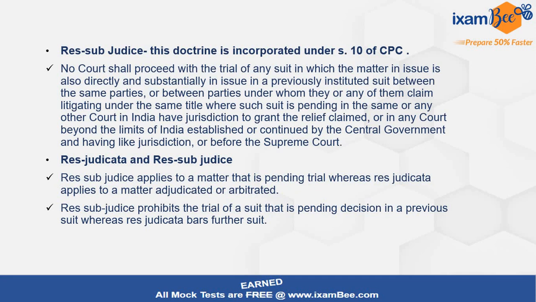The only difference is that the former suit is pending, and when the suit is already pending and you are going to the court with another suit on the same cause of action, with the same parties, same cause of action, same title, then that another suit will be barred, it will be stayed actually. And res judicata, we all know the concept, it is going to bar a further suit.